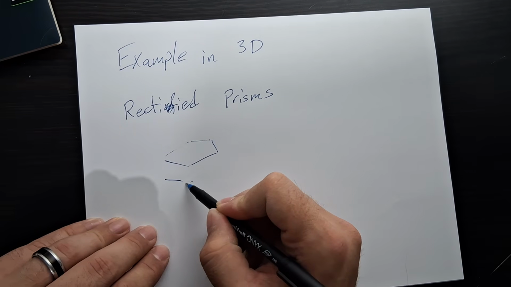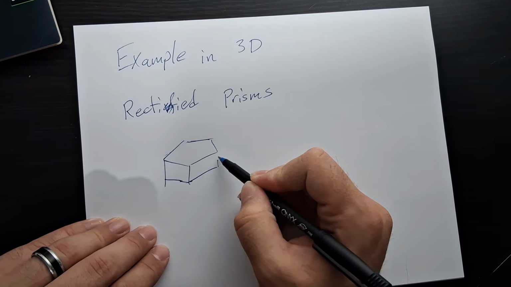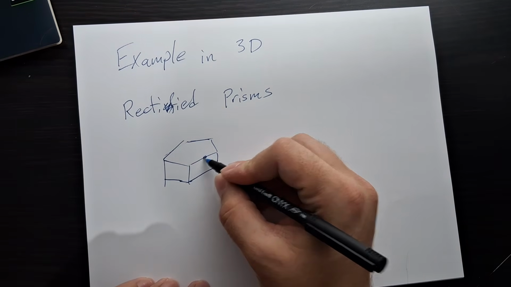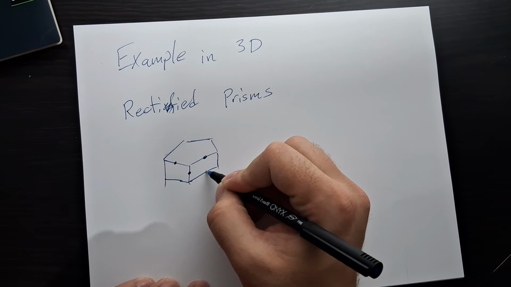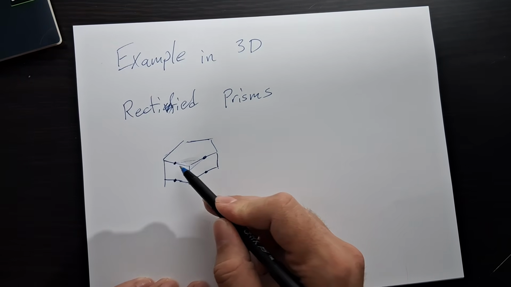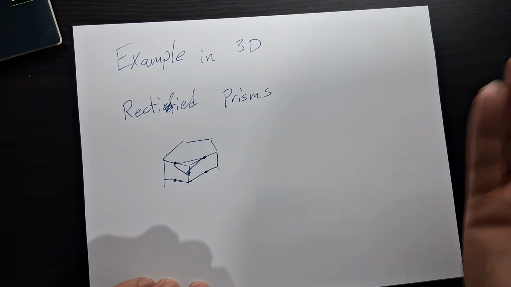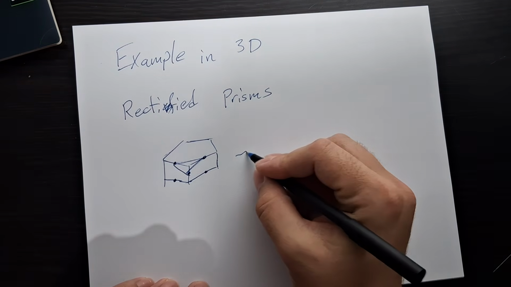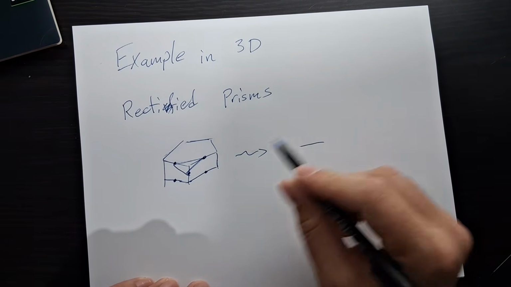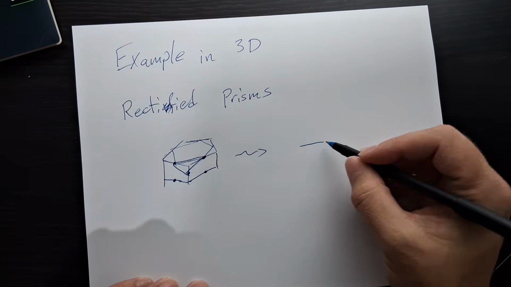Let me draw a prism here to the best of my ability. Rectifying a prism, you do the following thing. You take the midpoint of every edge, and for every corner, you just chop it off at those 3 points. You cut off that corner. And the process of rectification here will leave you with, you'll still get a pentagon in the middle after you've cut off all of the corners in that way.